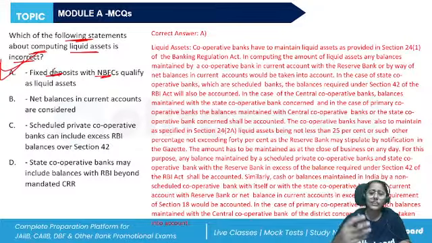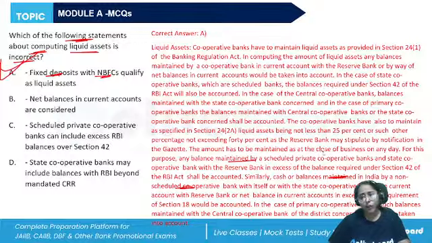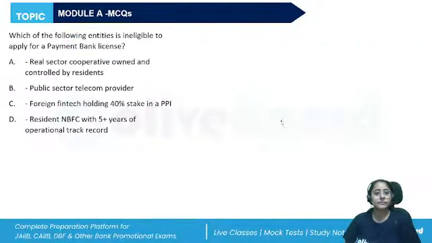Liquid assets are those which can be easily converted. Even cash or balances maintained in India by the non-scheduled banks, the balance maintained by a scheduled private cooperative bank, state cooperative banks, all of these will be included. All right, so the correct answer will be A.